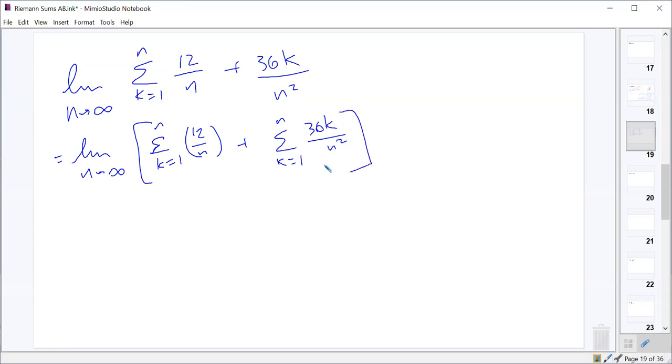So first off, what can you tell me about 12 over n? It's just a constant. And so I'm adding 12 over n plus 12 over n plus 12 over n plus 12 over n. How many times for this summation, from 1 to how many times?